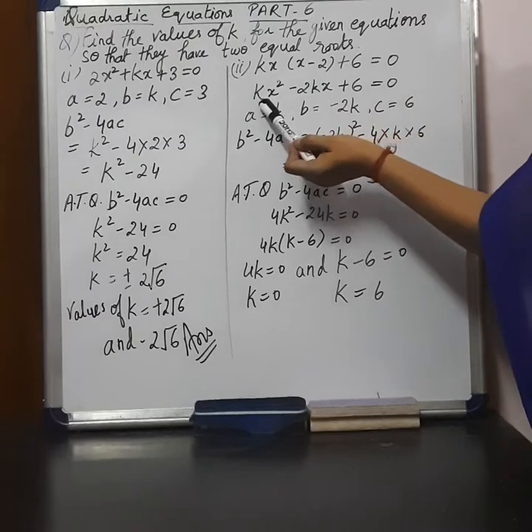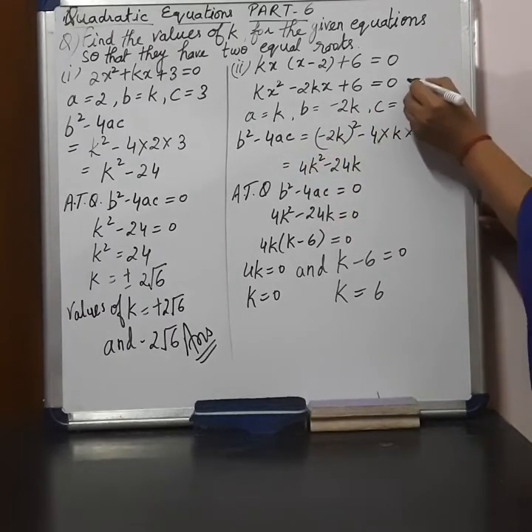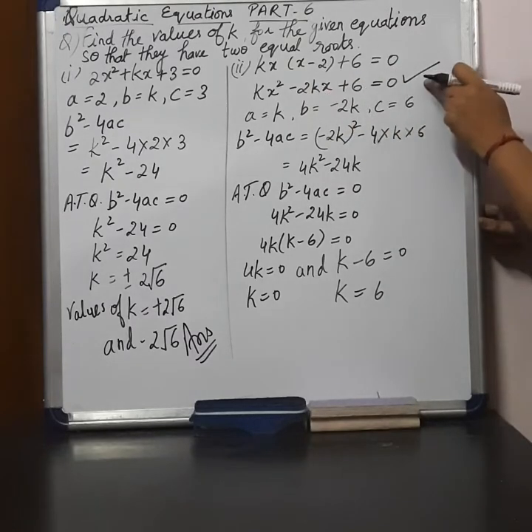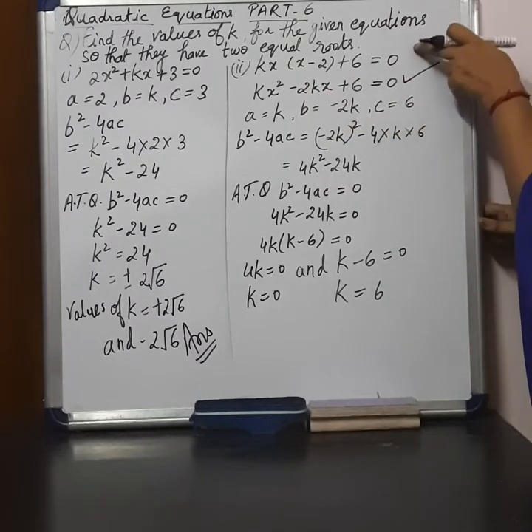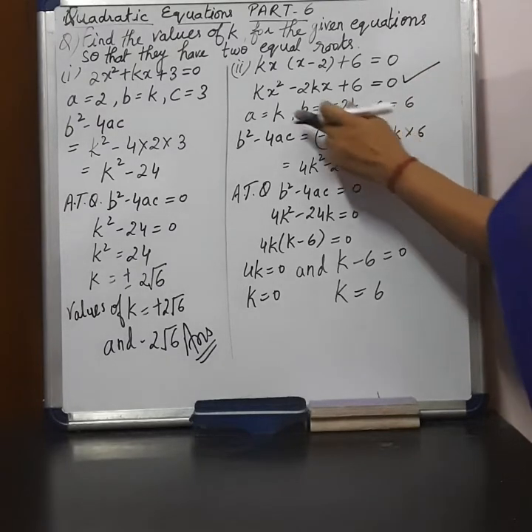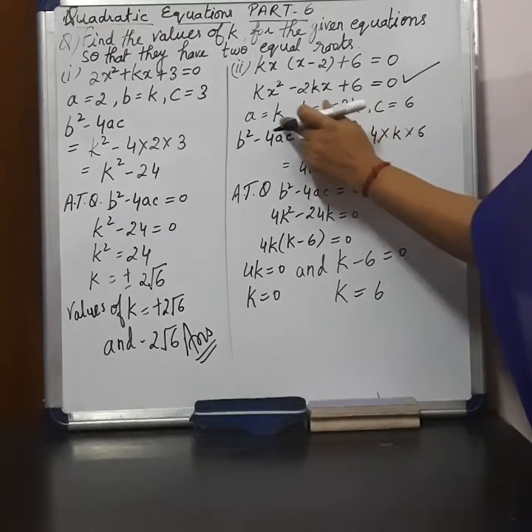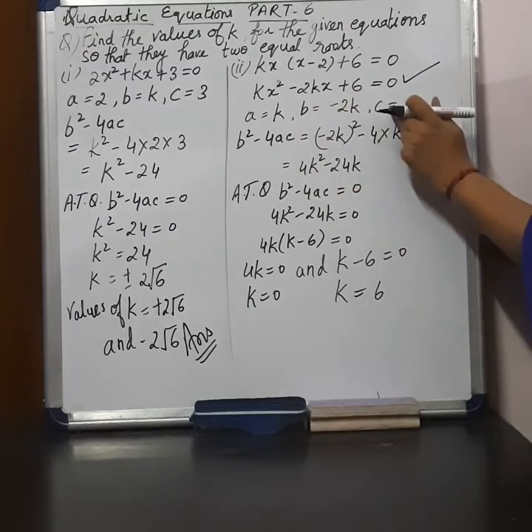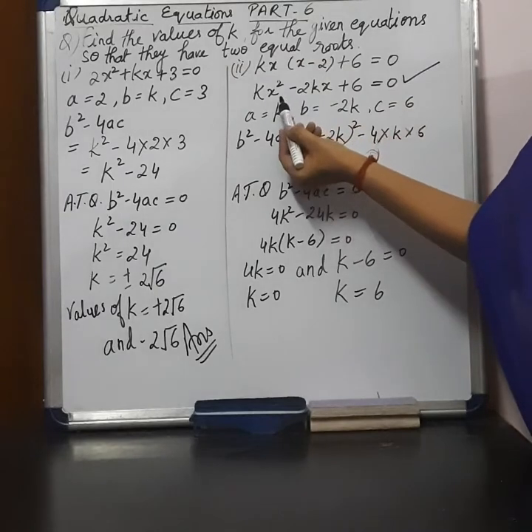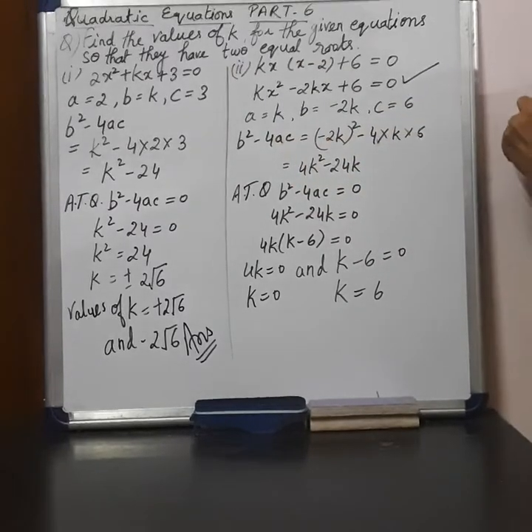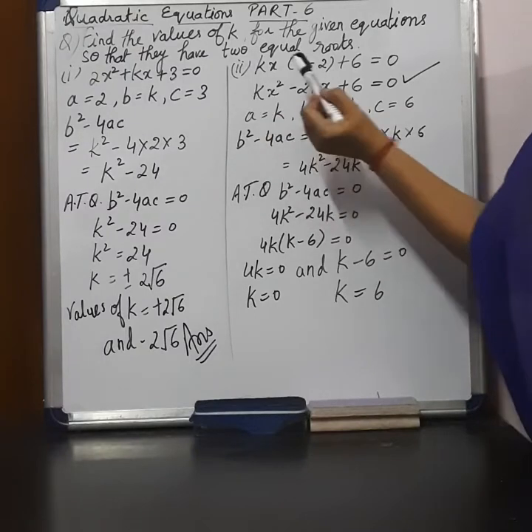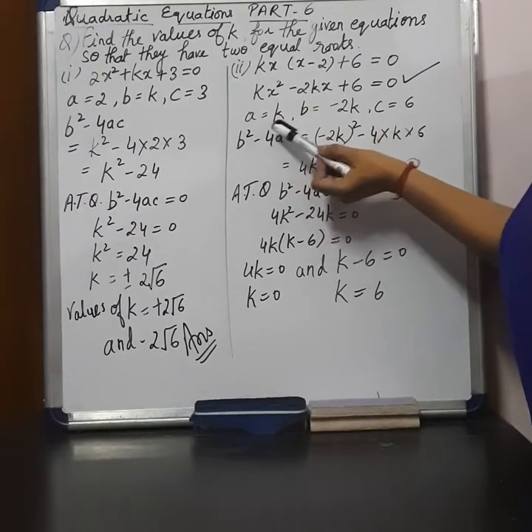Now it is coming in the form of a quadratic equation, in the form of ax square plus bx plus c is equal to 0. So first of all you have to simplify this to find out the quadratic equation. Now you will find out the values of a, b, c as we have done in the previous equation. The coefficient of x square here is k, so the value of a is k.